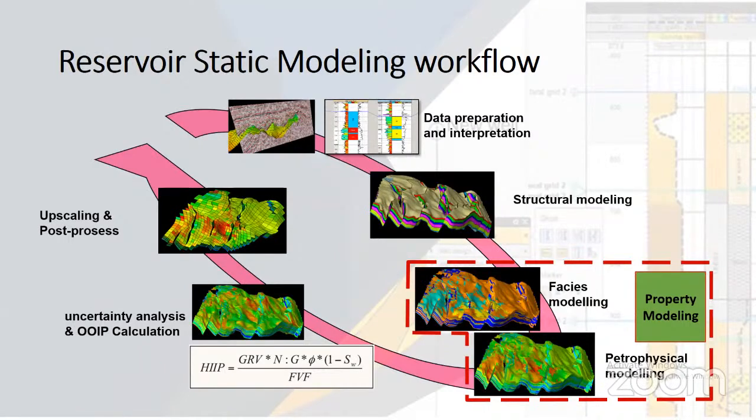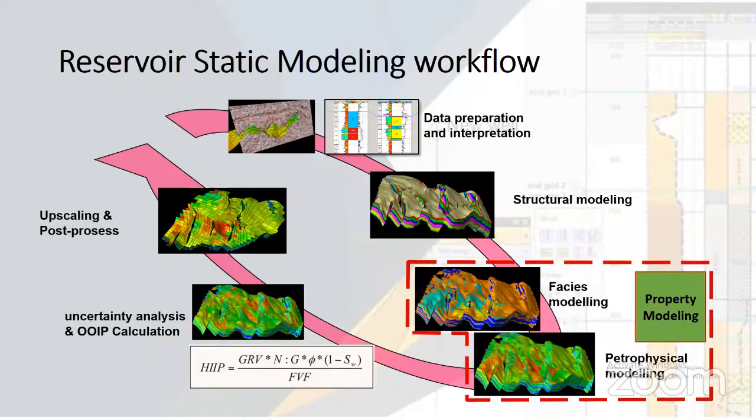So we do uncertainty analysis. We have a range for the prediction of the porosity. Depending on the range of this porosity prediction, we will also have a range of prediction for the oil in place.